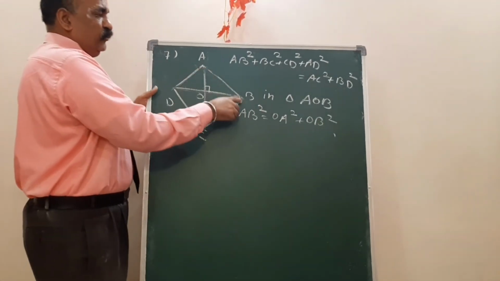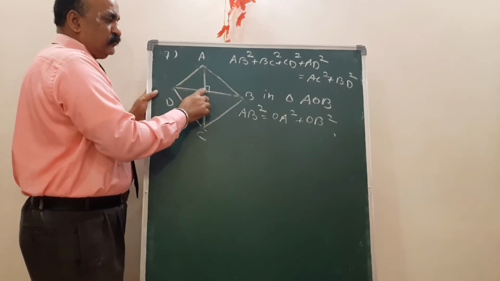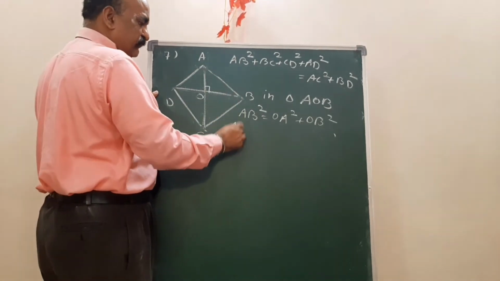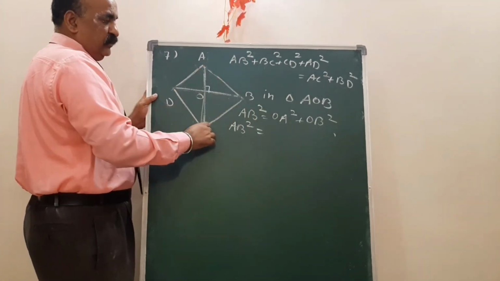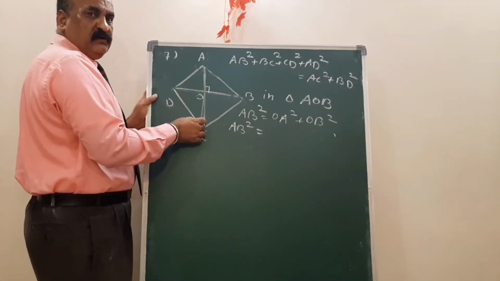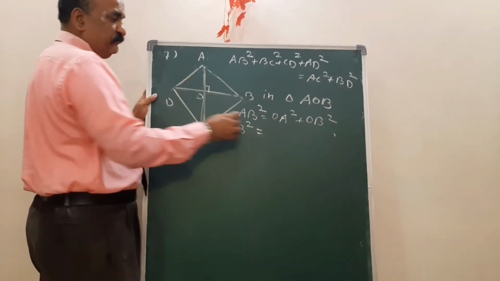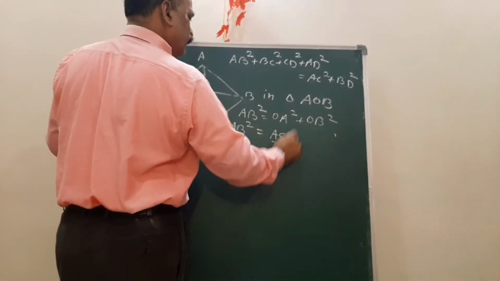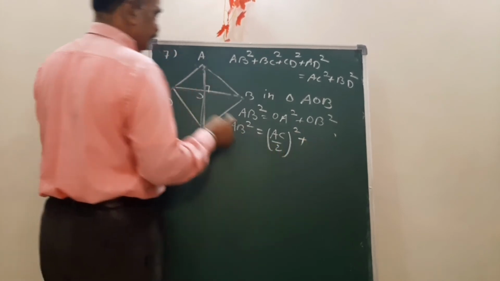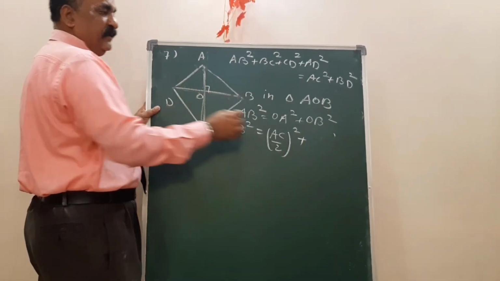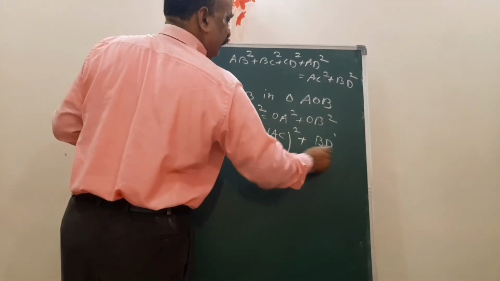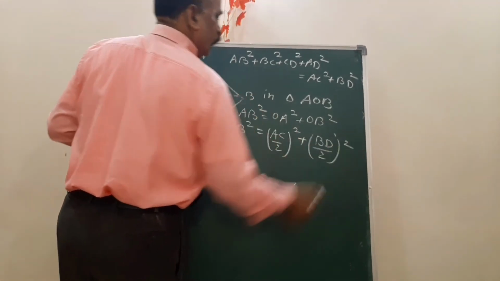So AB square is equal to OA, you can write AC upon 2 because O is the midpoint of AC. So AC by 2 whole square plus OB you can write BD by 2, so BD by 2 whole square.